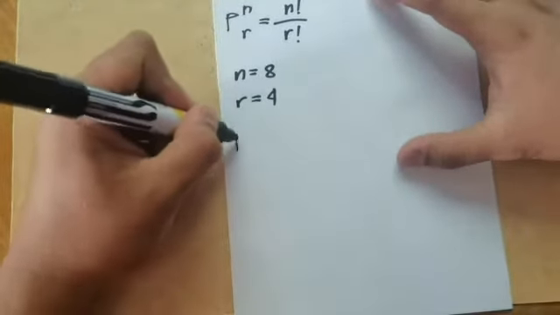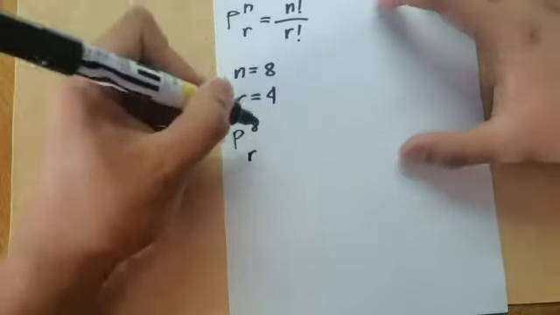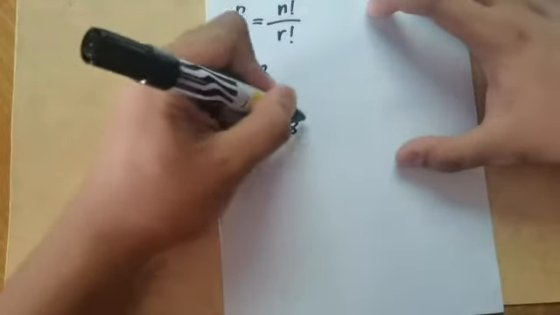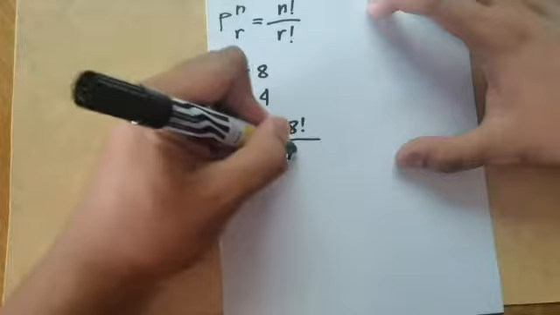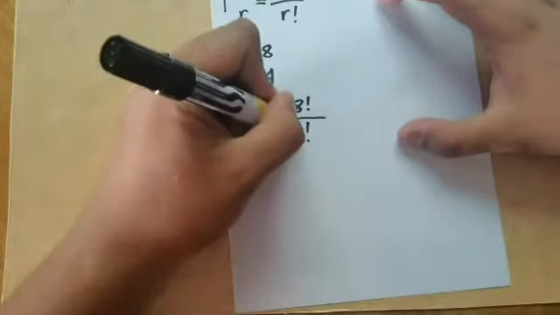So the permutation of n over r is equal to 8 factorial over 4 factorial.